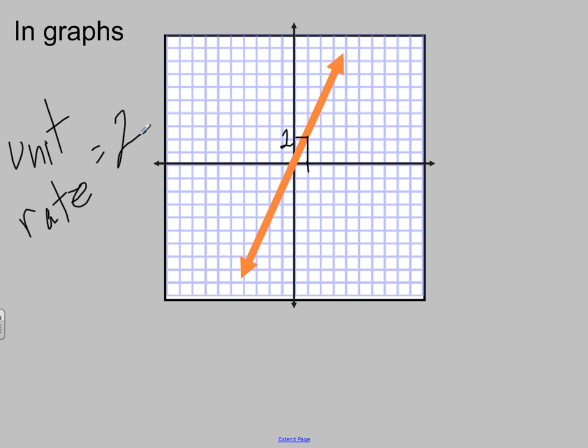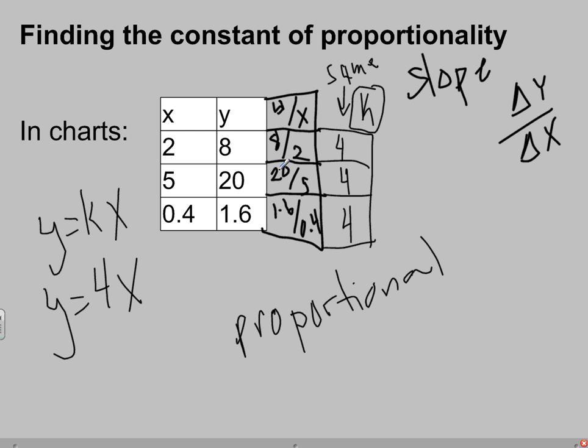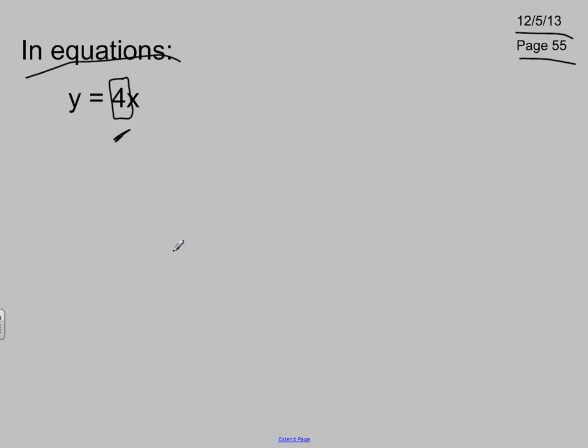Guess what, guys? That is the same thing as your constant of proportionality. So see how all of these different things are kind of coming together? Slope is the same thing as unit rate. It's the same thing as the ratio that determines if numbers are proportional. It is the same thing as the coefficient of x.